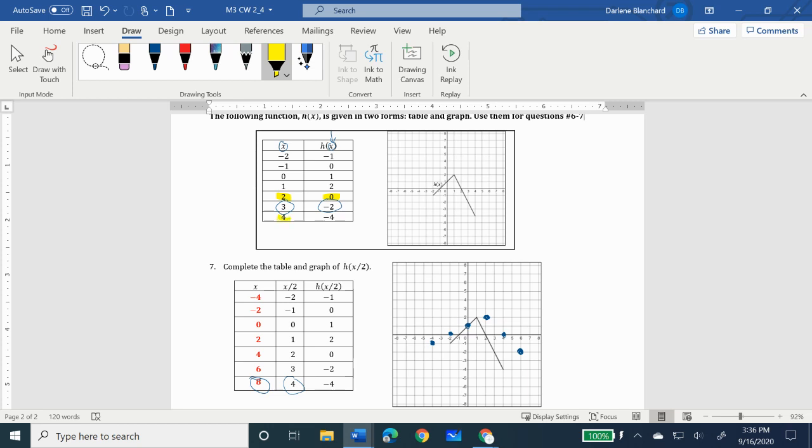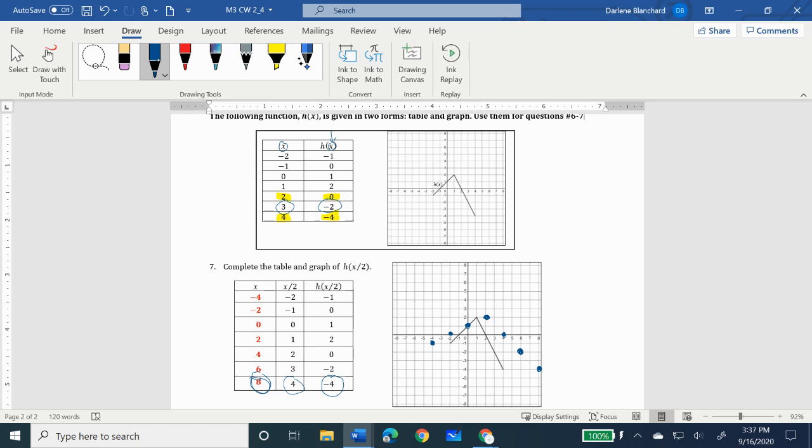If 4 walks into the kingdom of h, h says, I allow you to have -4 as your rations. So 8 goes in as an x, -4 is the y that it gets. And that is right over here.